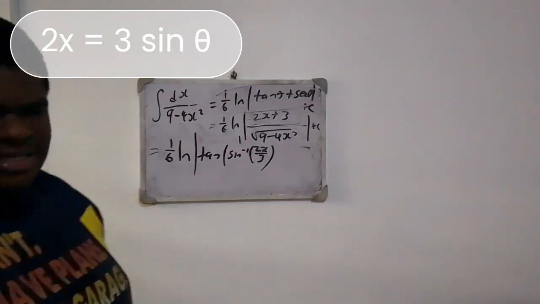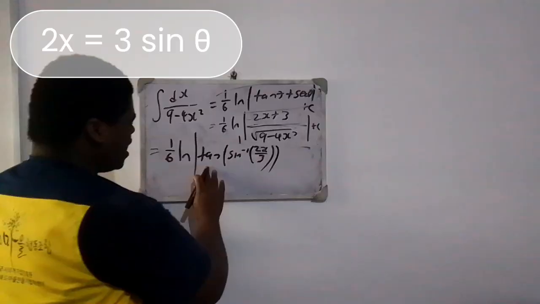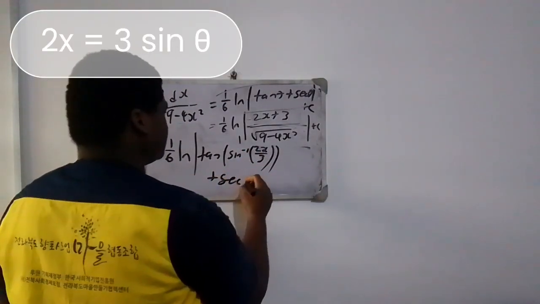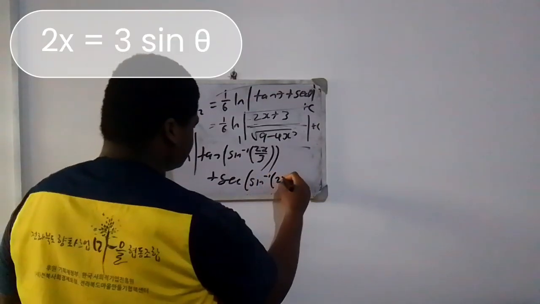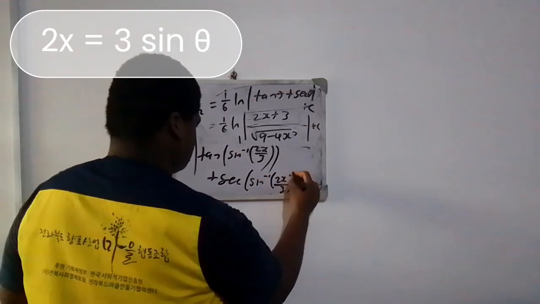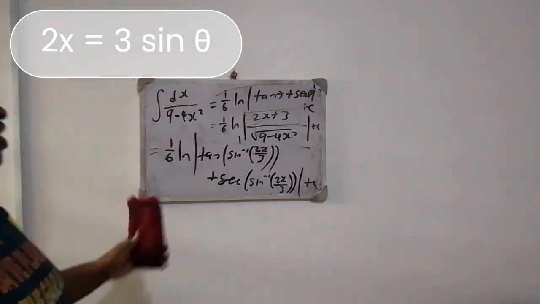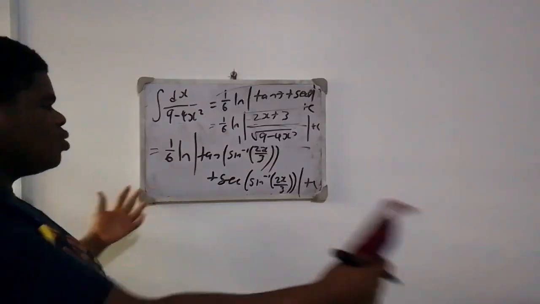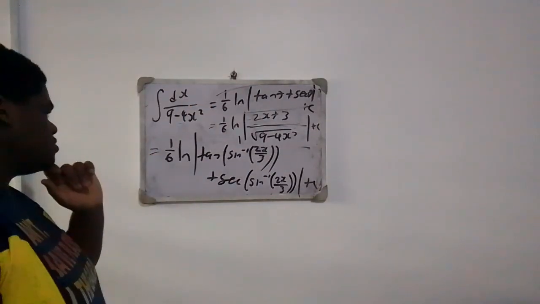It's not really nice to write. But then, yeah, it's still there. So you have tan of the sine inverse of 2x over 3 plus sec of the sine inverse of 2x over 3, absolute value close, plus c. Yeah, this is another way. You can also still separate it into different logarithms like you did in this case. But yeah, this is another way to write it.